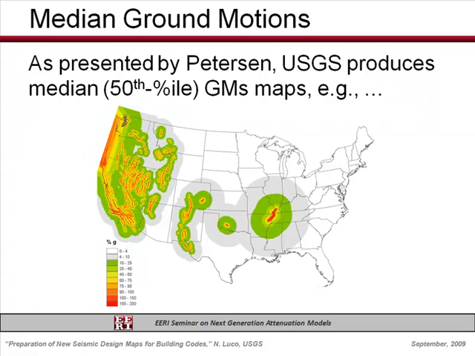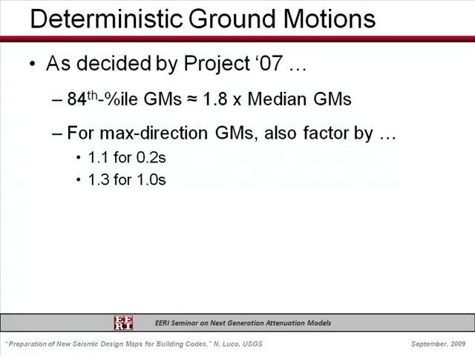And so what the USGS calculates is essentially median deterministic ground motions, and Mark went over how we do that. And then what we do for the Project 07 procedures and for the design maps is we take the median ground motions that the USGS produces, and we multiply them by the factor of 1.8 that Charlie explained and Yusuf pointed at as well, to get an approximation of 84th percentile ground motions.